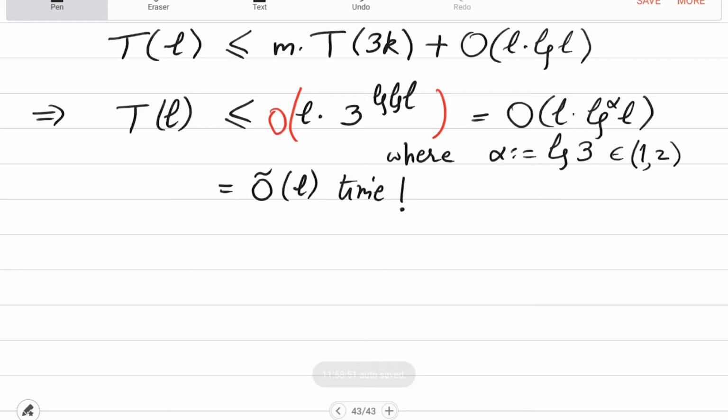Before that, let us talk about the state of the art of this. This is not the best result known. This has been superseded multiple times.